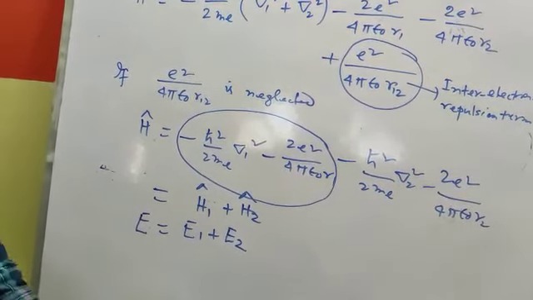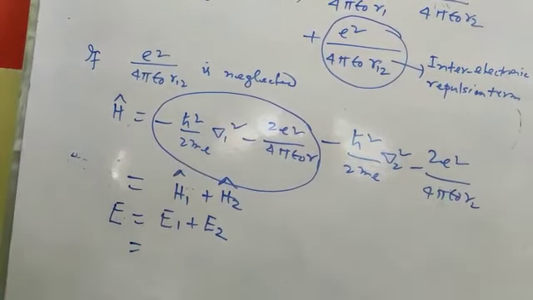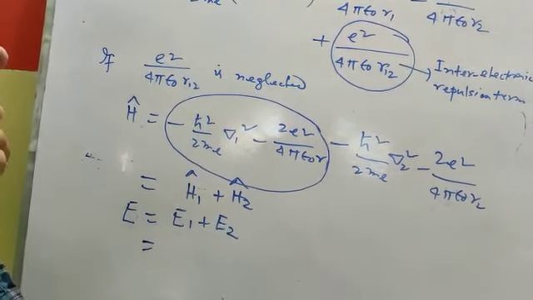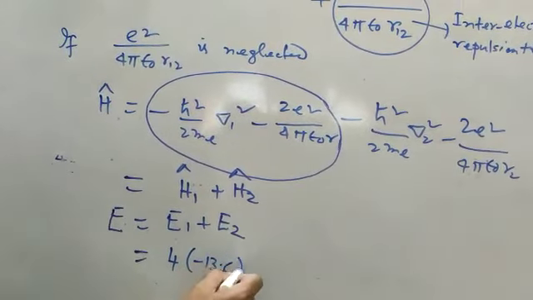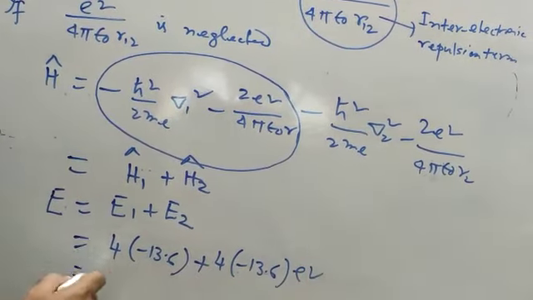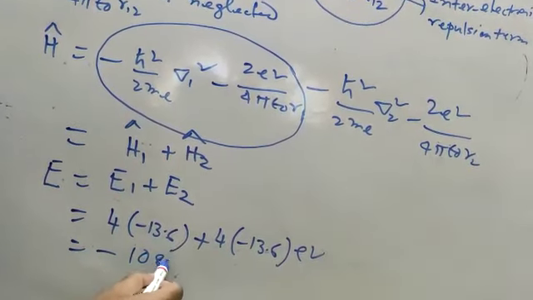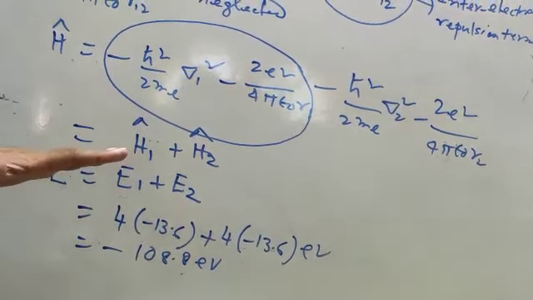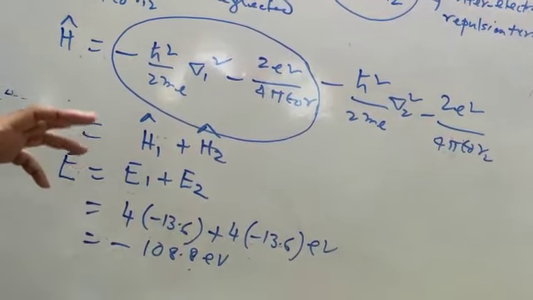If you remember the energy of a one-electron system, but here the nuclear charge is plus 2, not 1 as in the hydrogen atom, so that will be 4 times minus 13.6 electron volt plus 4 times minus 13.6 electron volt. In total, it will give a value of minus 108.8 electron volt. So this is the theoretical estimate of the energy of the helium atom system if the interelectronic term is neglected.